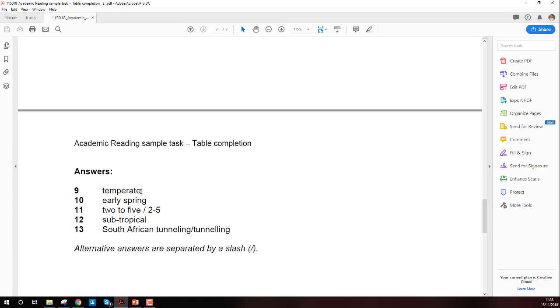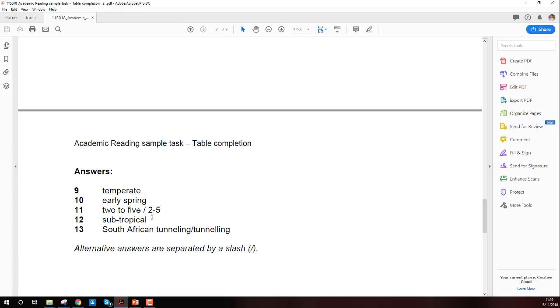I think if you put temperate climate, they would also give you the mark. It doesn't say here, and many people would argue that, oh, because it doesn't give the whatever it says here, that's the correct answer. I think they've actually made a mistake here. It is a human being making this. So I would say that it's either temperate or temperate climate would be fine.